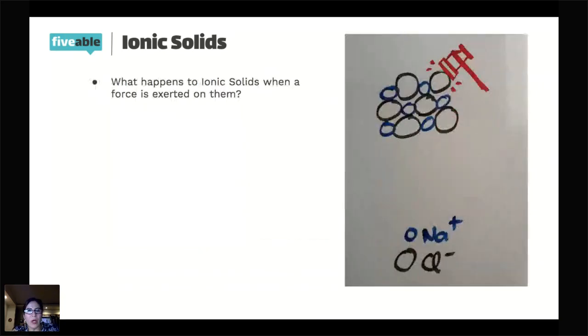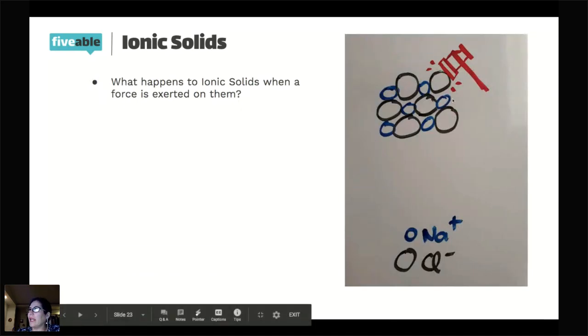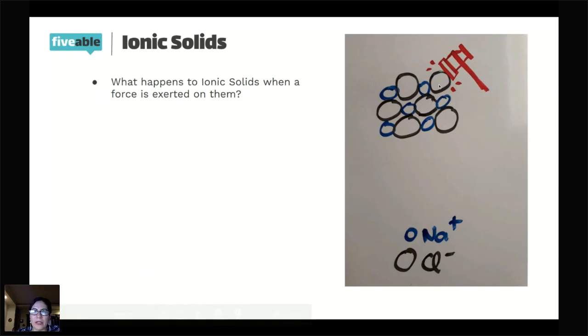Okay, now what would happen to ionic solids when a force is exerted on them? Suppose that these are the crystals and I take a hammer and I hammer the sodium chloride. I apply a force to it. What do you think will happen? Would the crystal break or will it stay the same?